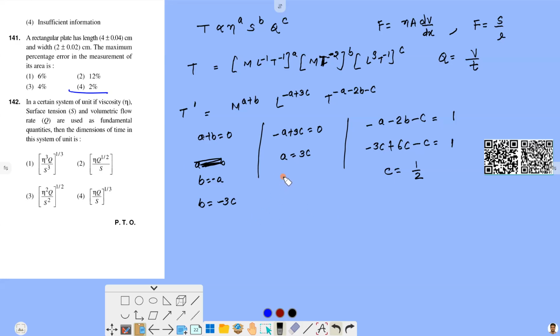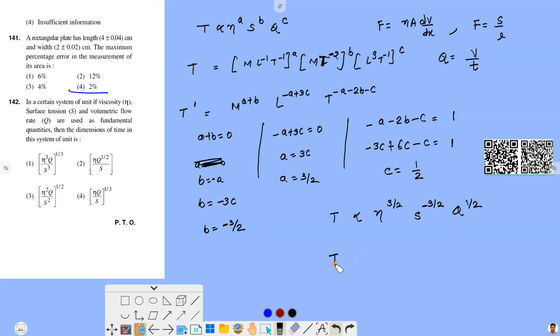If C is equal to half, A is equal to 3 by 2 and B is equal to minus 3 by 2. So basically our relation will be that T proportional to eta raised to power 3 by 2, S raised to power minus 3 by 2, and further we have Q raised to power half.